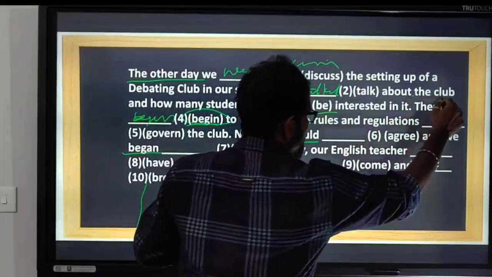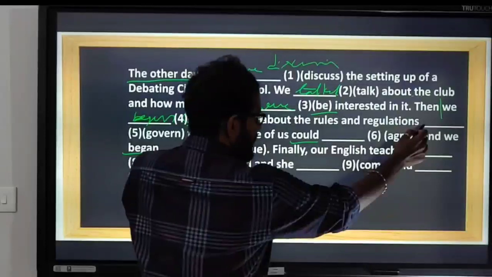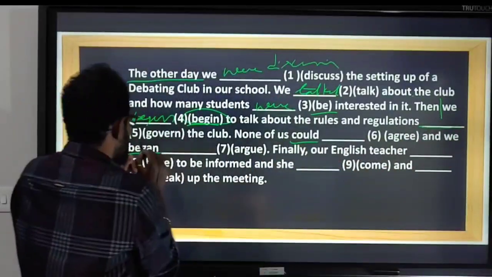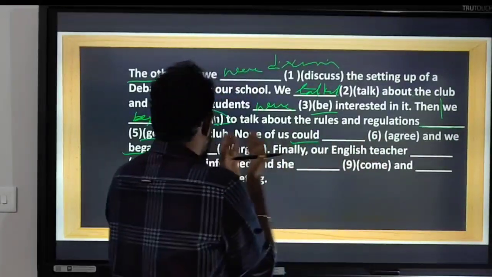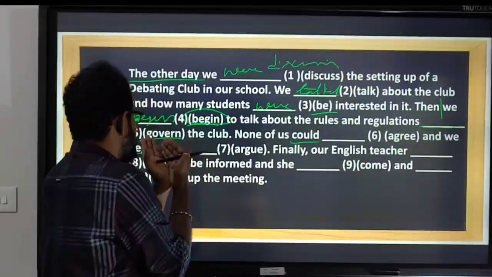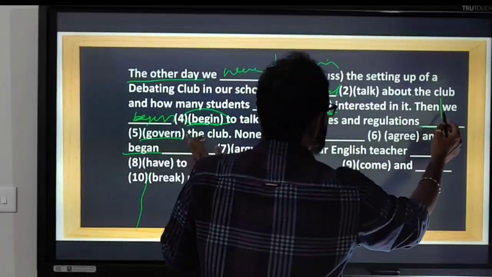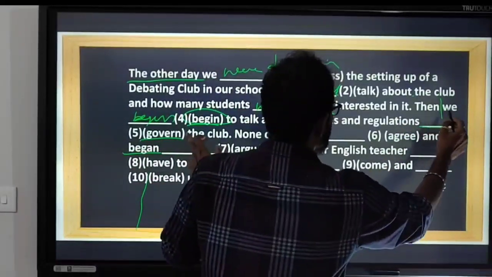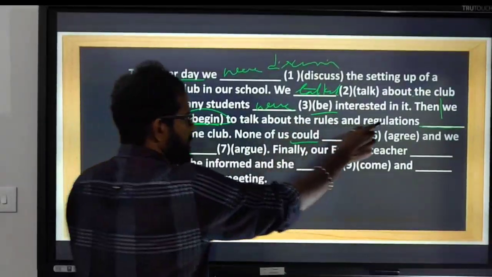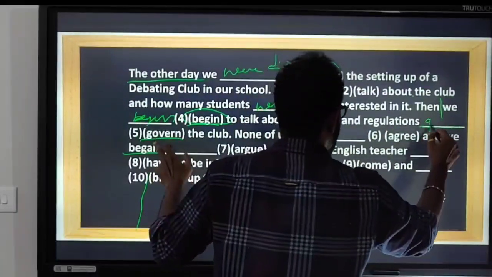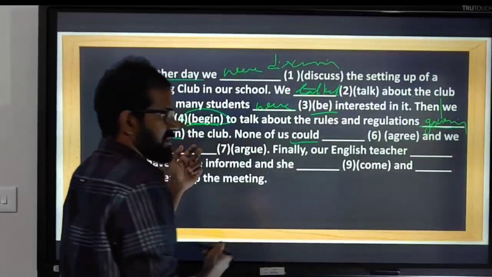See, look here. We began to talk about the rules and the regulations. In a simple sentence, we have to use another one. Then we need to decide whether it's supposed to be past participle or present participle. And regulations. We began to talk about the rules and regulations governing, because it's not a passive voice.